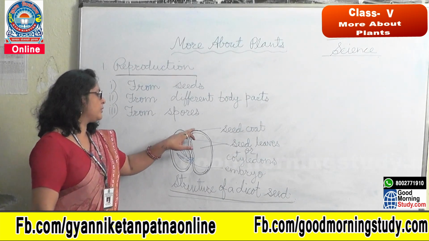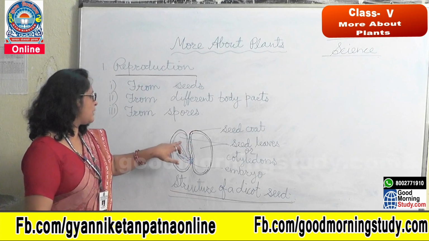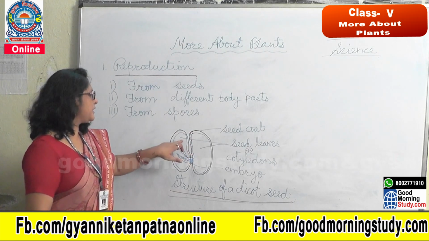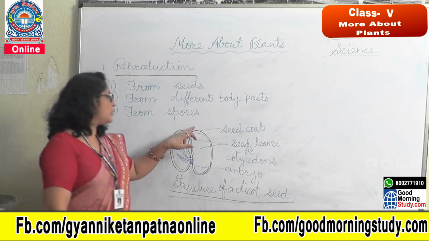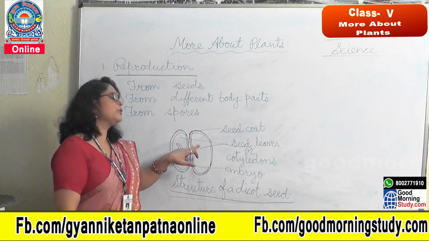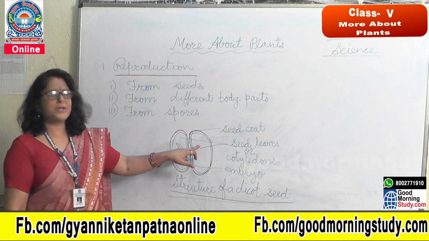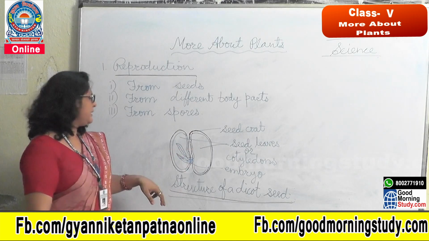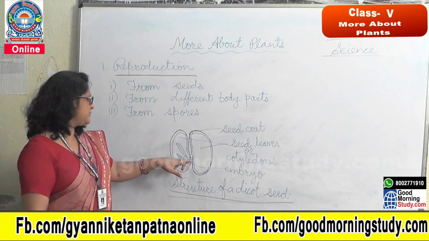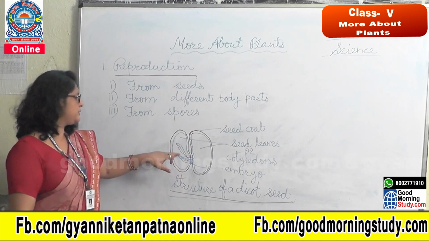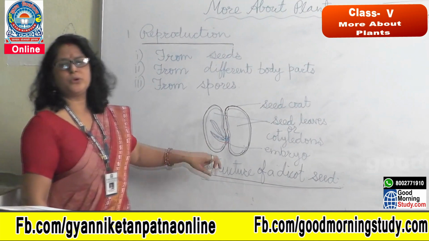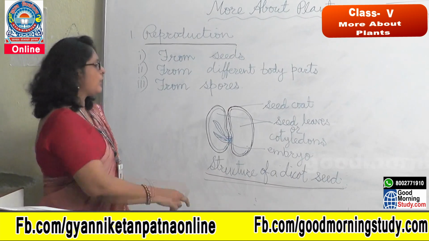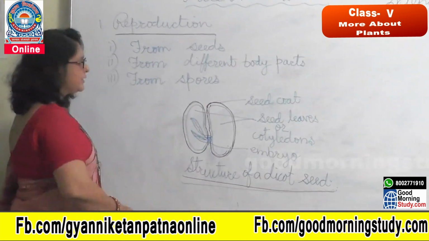Below this seed coat, there are these two parts you are watching here. This is the seed leaf or cotyledons. So below the seed coat, seed leaves or cotyledons are present. And in the center, just inside the seed coat, the embryo is present, which gives rise to a new plant. So this is all about the structure of a seed.